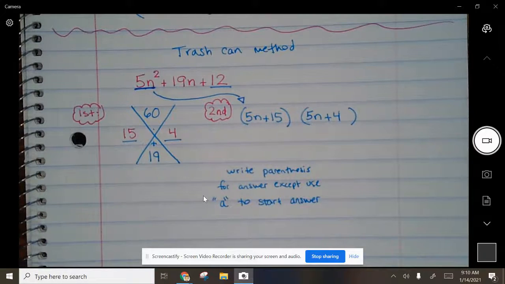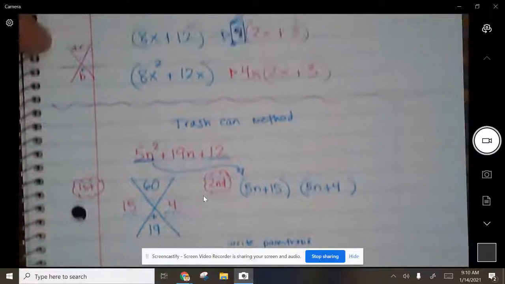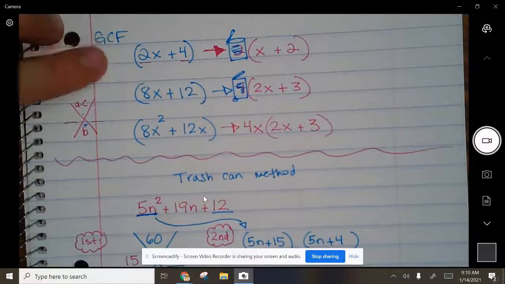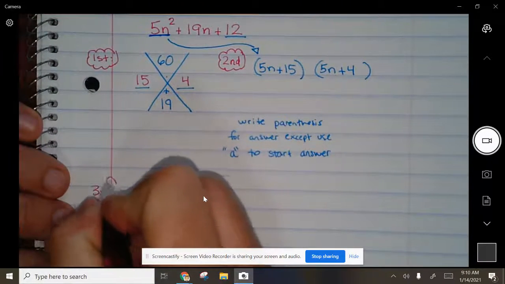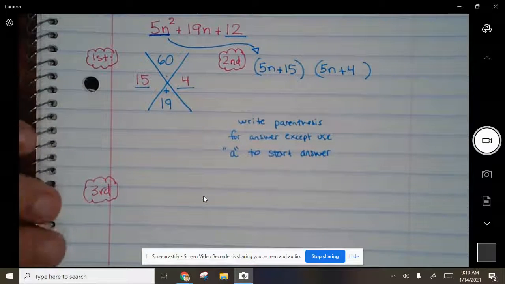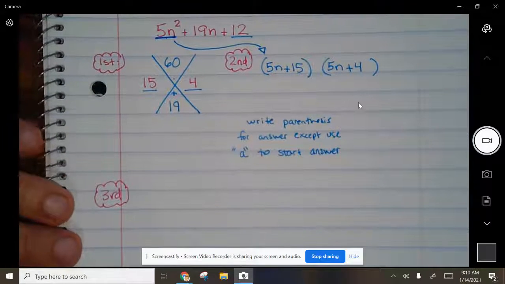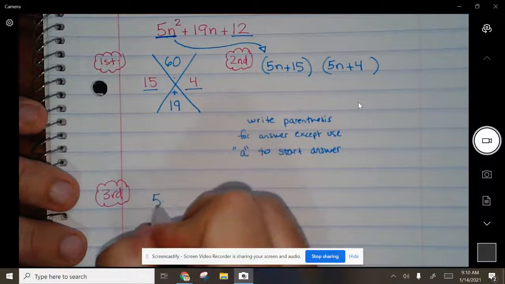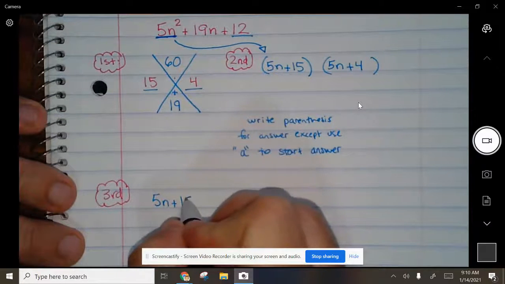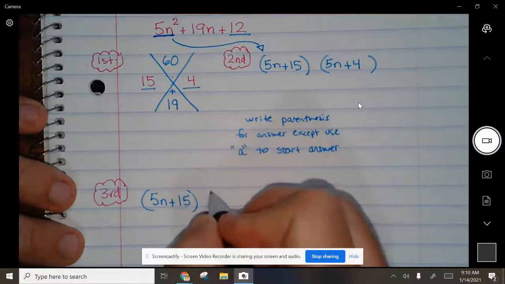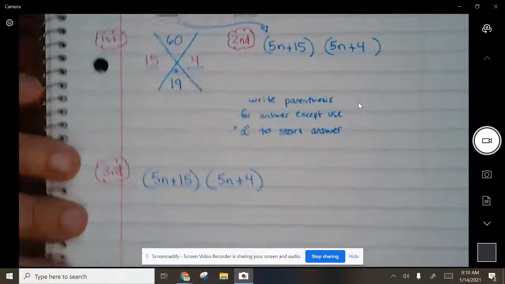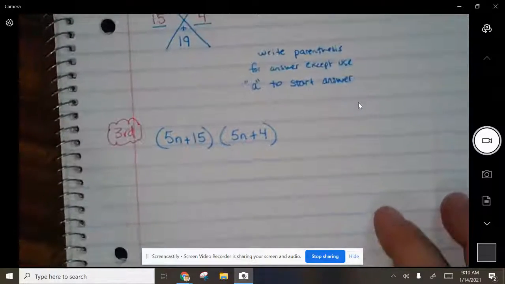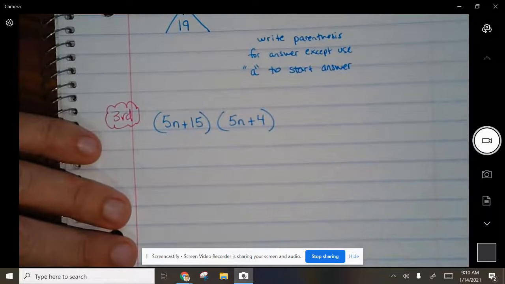But this is where I'm telling you this method comes into play, the GCF. So your last step, let's go ahead and write our parentheses out. 5n plus 15. Let's write our answers again. But now you're going to have to get rid of these.